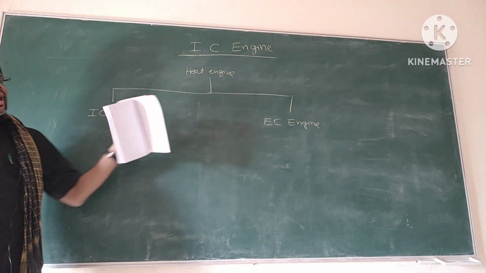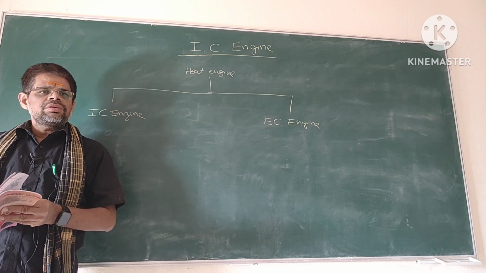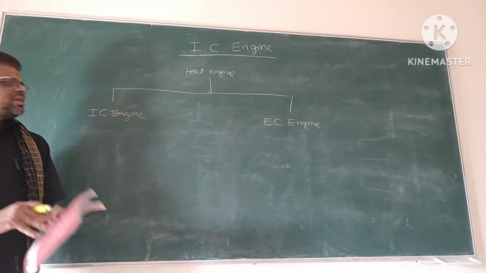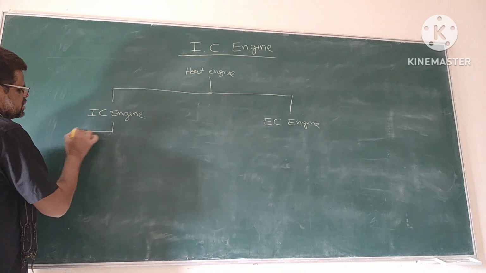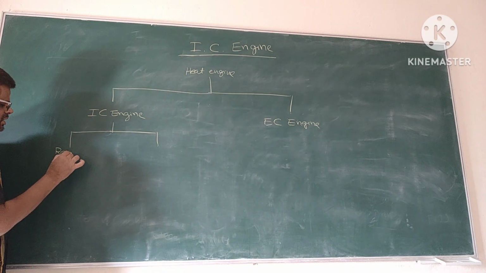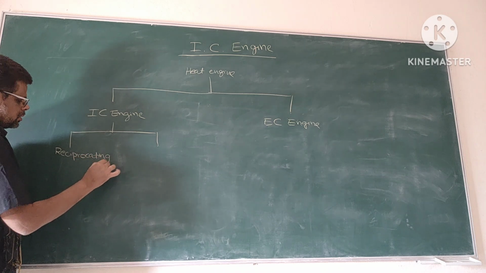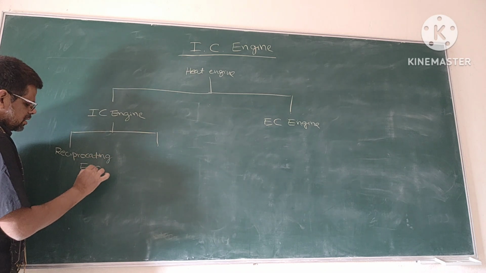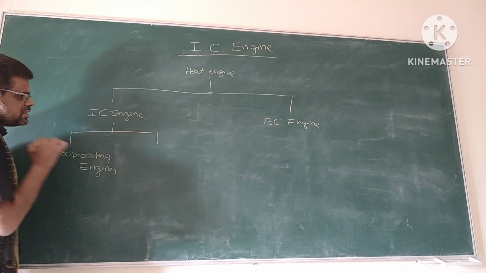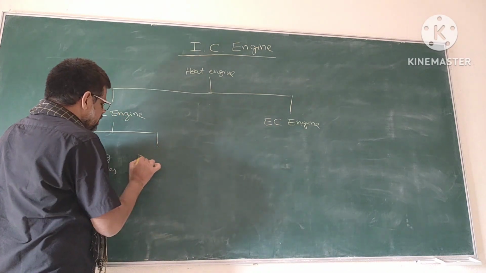Now both IC engines and EC engines can be classified into two categories. The first one is reciprocating engines and the second is rotary engines.